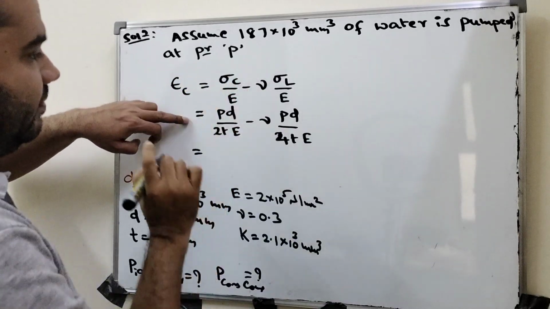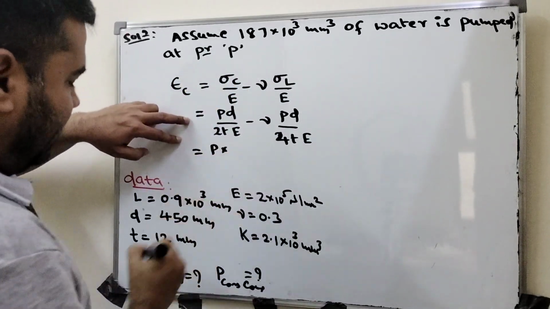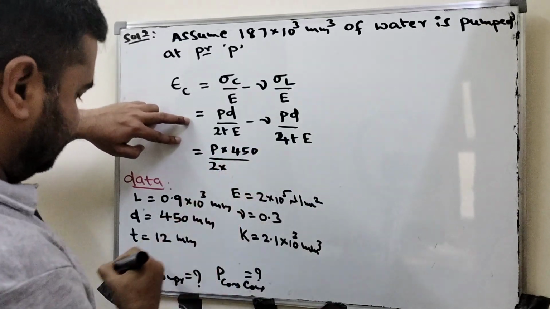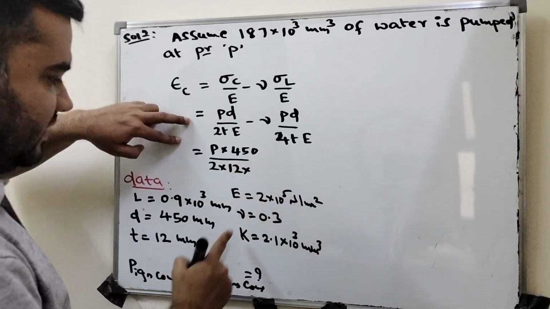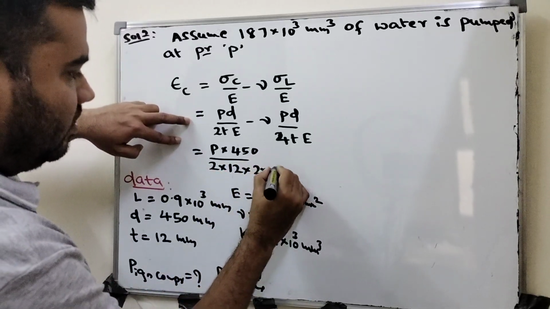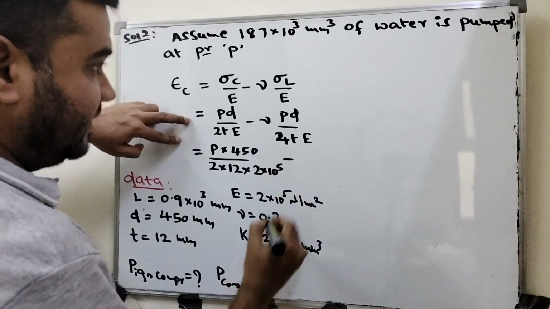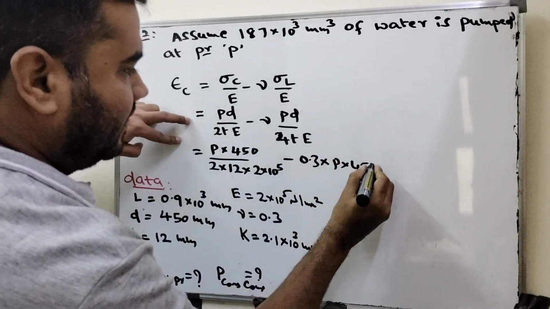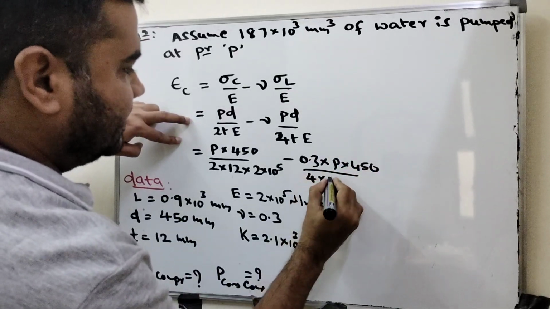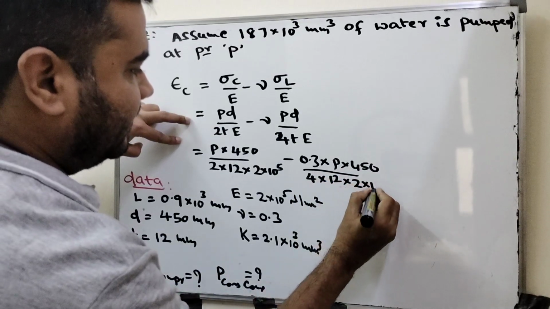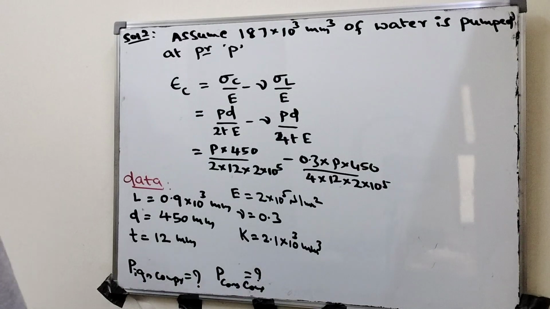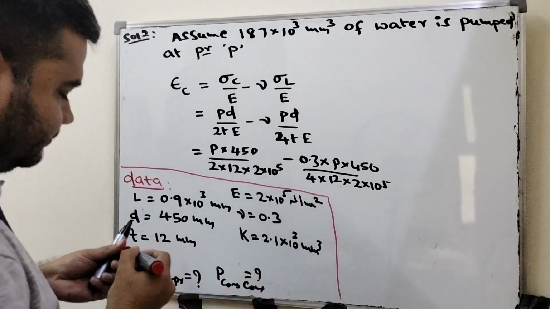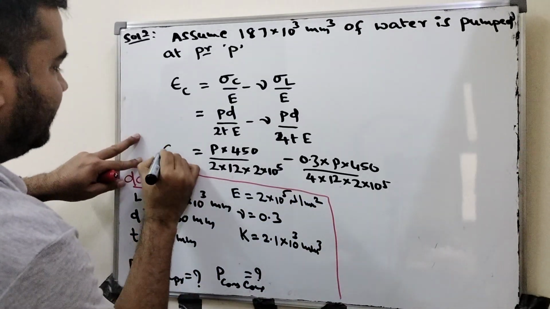At pressure P, keep it as P: P into diameter 450 divided by 2 into thickness 12 into Young's modulus 2 into 10 raised to 5, minus Poisson's ratio 0.3 into P into 450 divided by 4 into thickness 12 into Young's modulus 2 into 10 raised to 5. This is the circumferential strain.